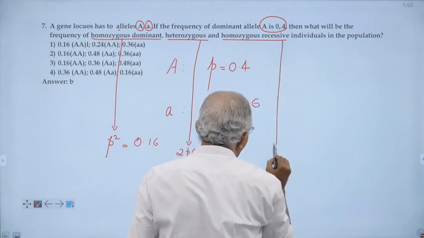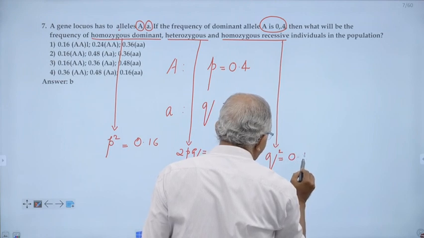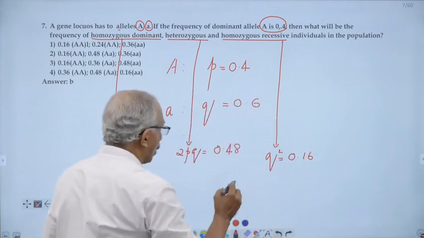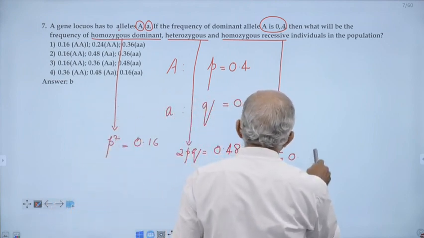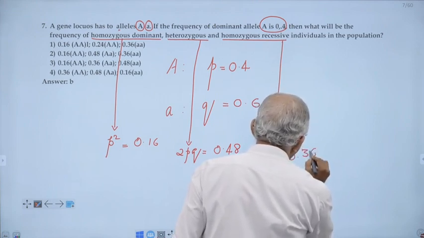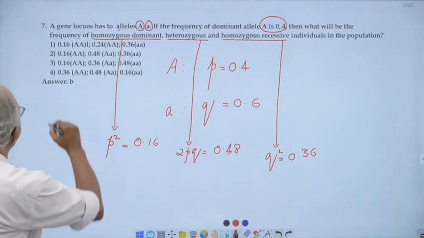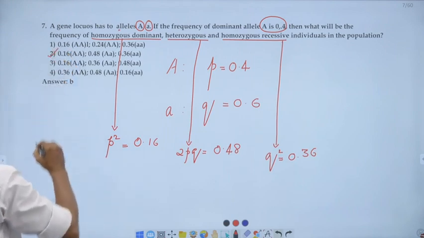Homozygous recessive, Q square, it is equal to 0.36. So we select answer option 2.